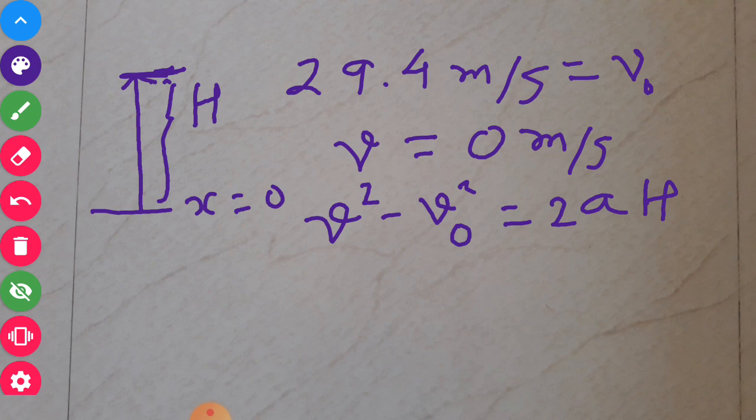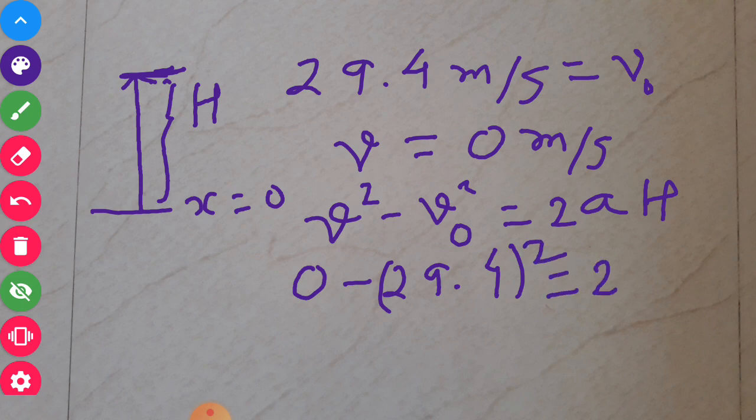Okay, you can have v square to be 0 minus 29.4 the whole square is equal to 2a. A is what? 9.8 into h.